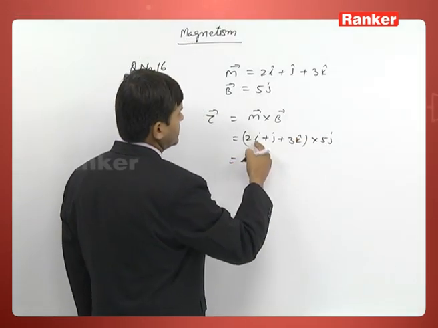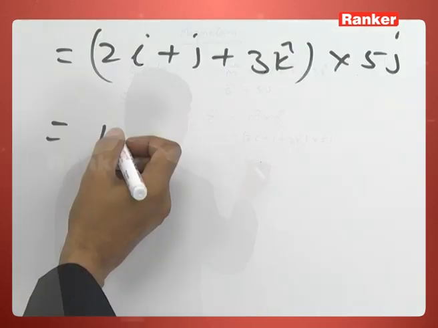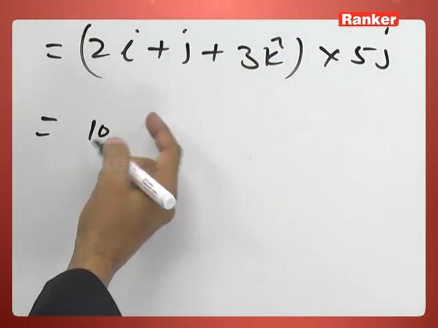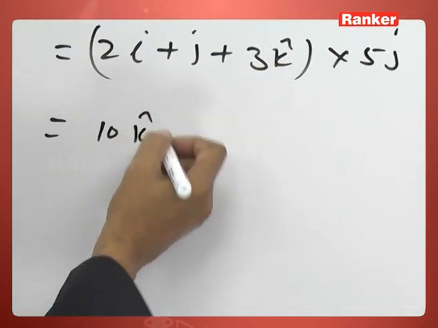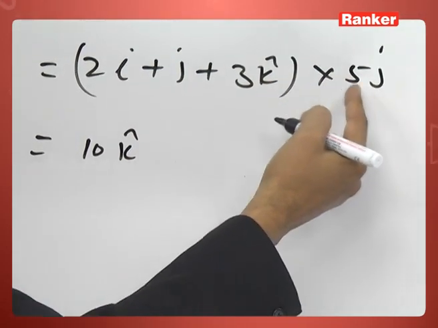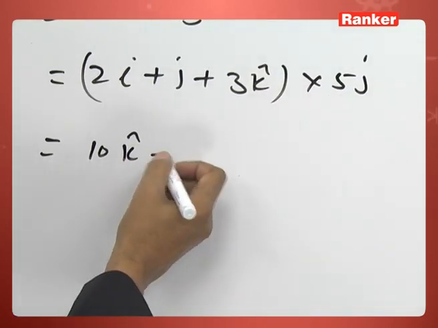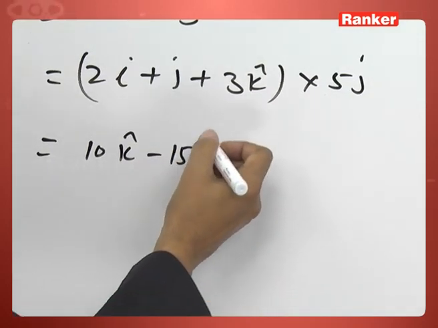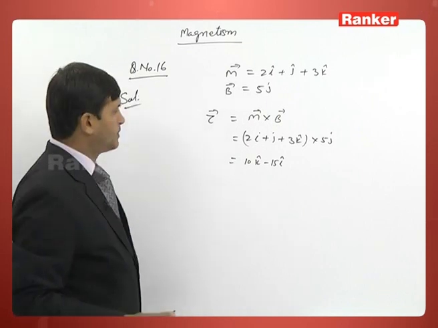Now simplify. i cross j is k, so 2 into 5 is 10 k cap. j cross j is 0, and k cross j is minus i, so minus 15 i cap.